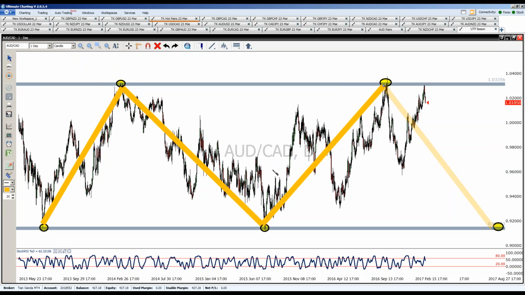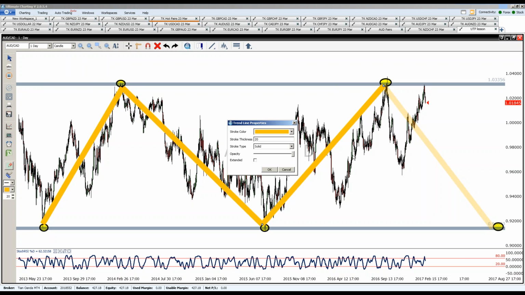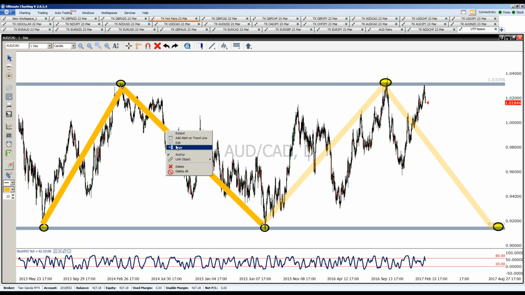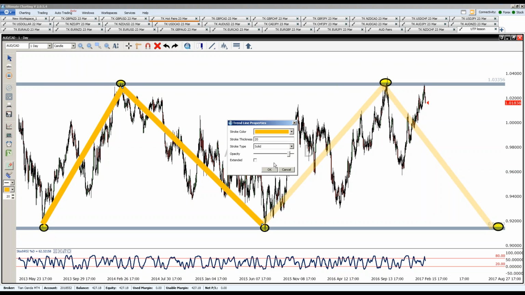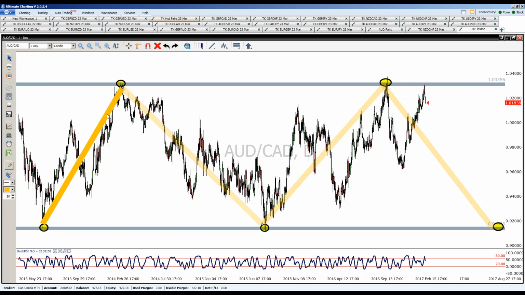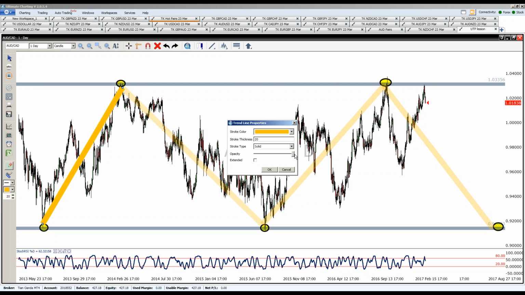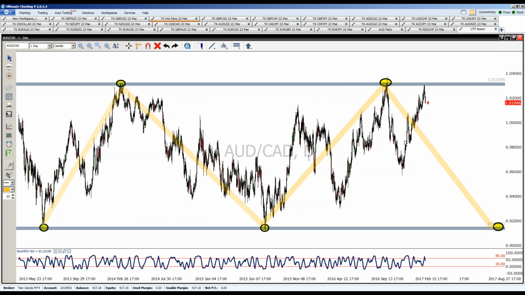So in essence, we would be trading a downtrend here very soon. Does that make sense? We would be trading a downtrend very soon, all the way to the next level of support.